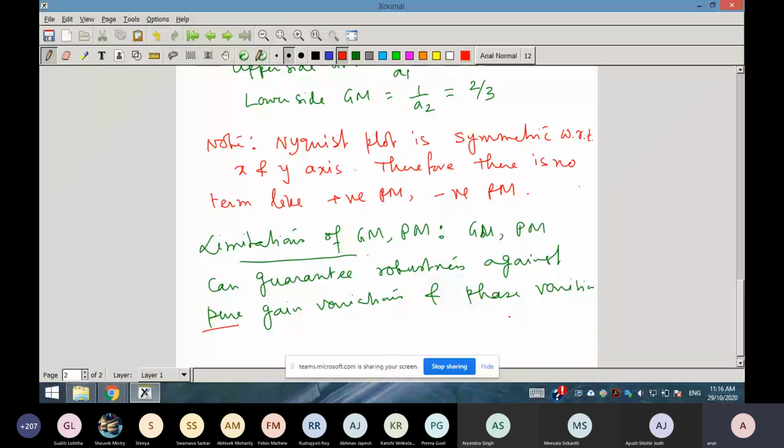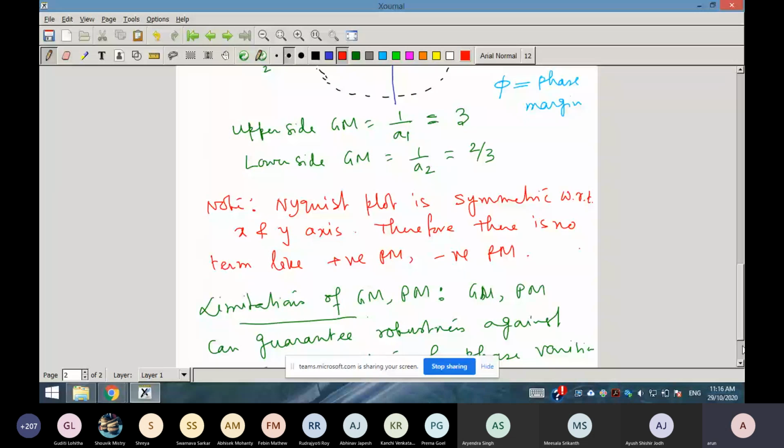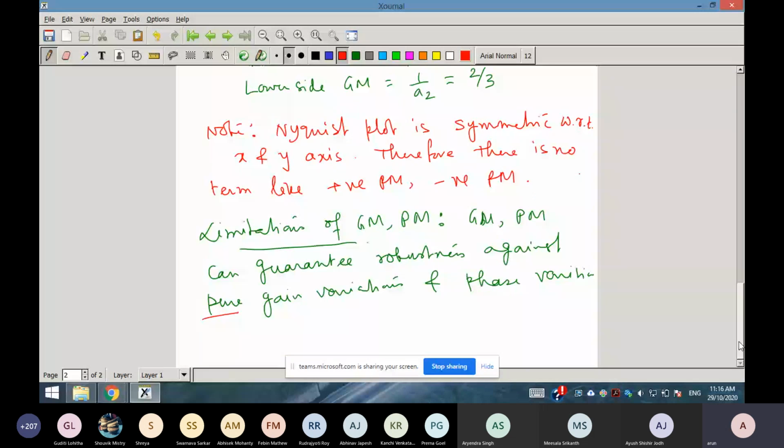That is why this is called the gain phase tester. What is the gain phase tester? You add a variable into the loop, k e to the power minus j phi. Here k is your gain and phi is your phase.